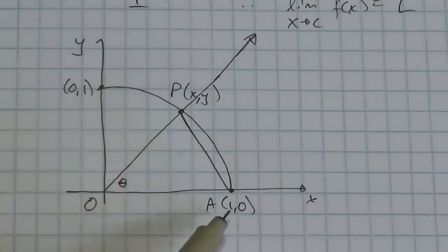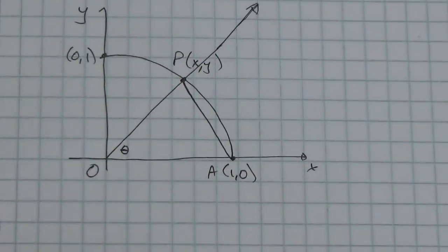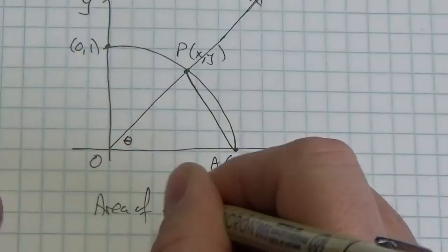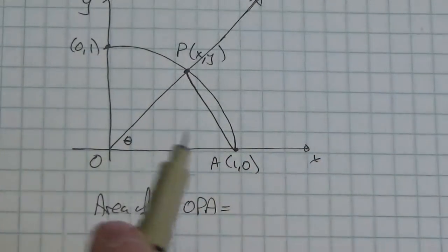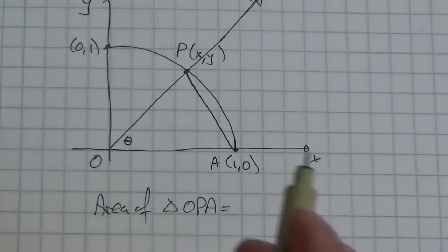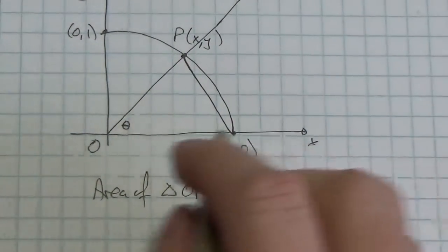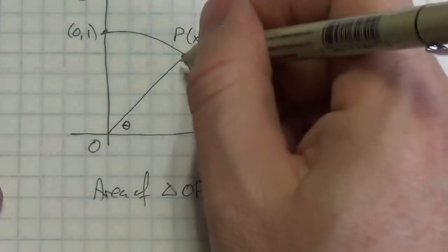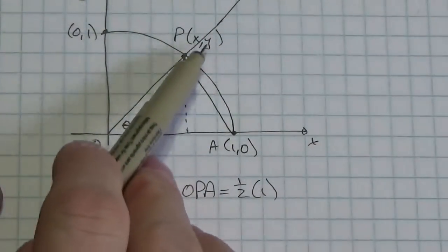So I've got this triangle right here, OAP. The area of triangle OPA or whatever, the area of that triangle is going to be 1/2 base times height. So it's going to be 1/2. The base here is just going to be 1. And the height here, bear in mind that's going to be the y coordinate.